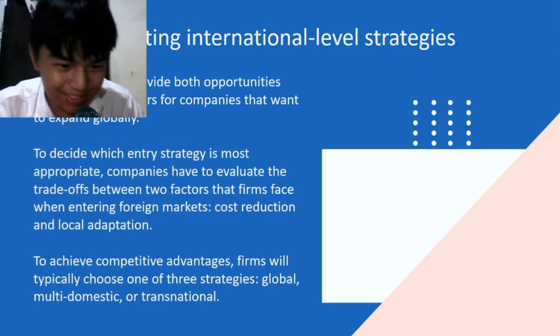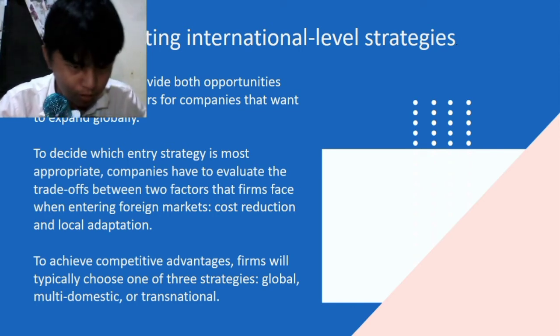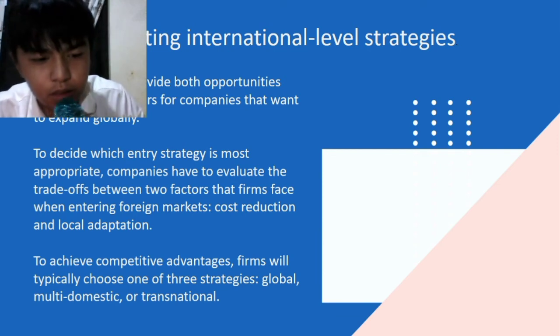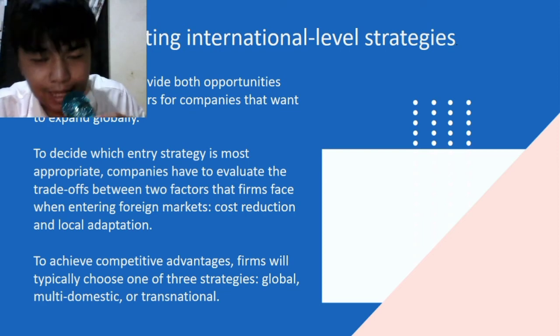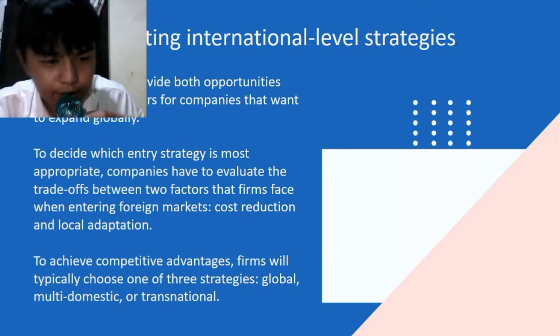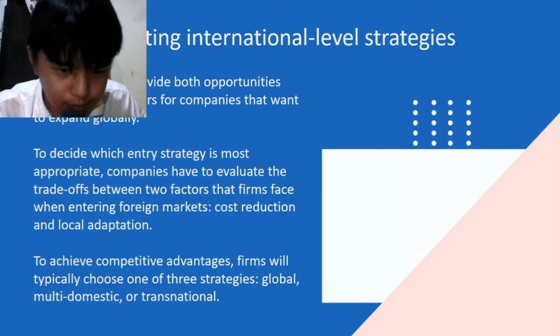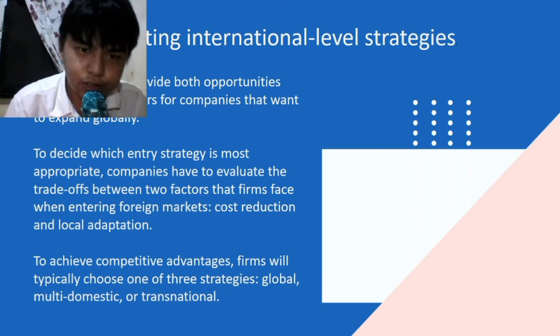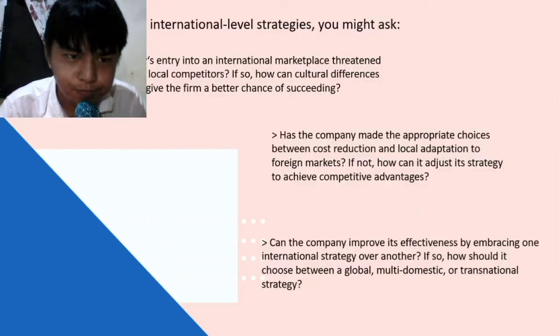Multi-domestic is the second. So it's in multiple countries but not considered global because it doesn't exist in some. The brand doesn't have influence in some markets. Or transnational, that it has only one or two markets that exist at the international level.